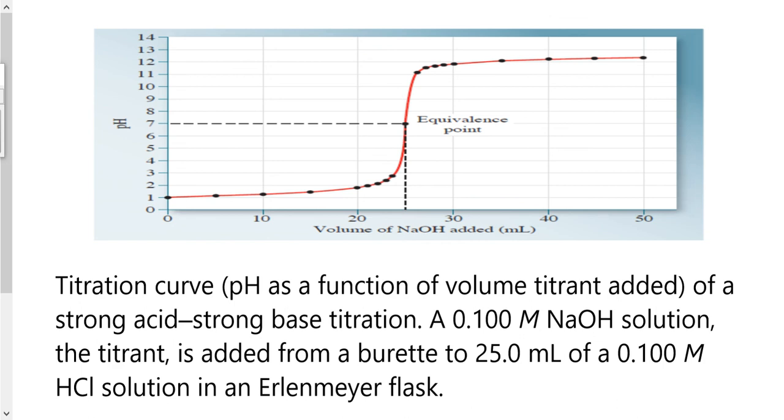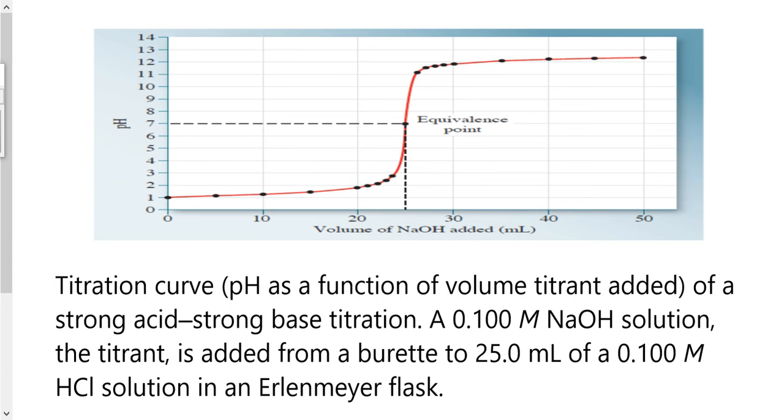Now, another way to identify the neutralization point is by using a pH meter, right? So that's far more accurate than just using an indicator. In this case, the titration curve shows pH as a function of volume of titrant added for a strong acid-base titration.